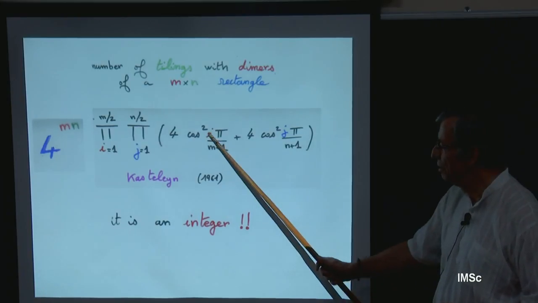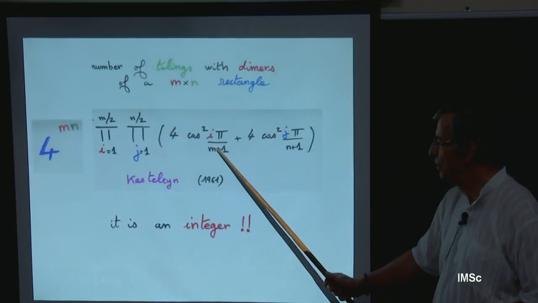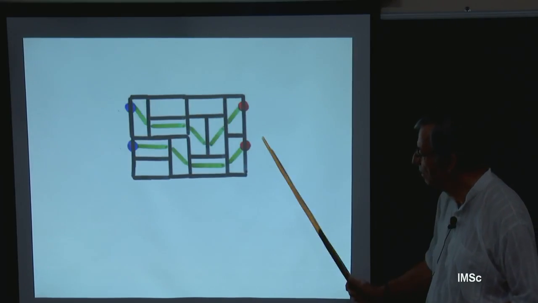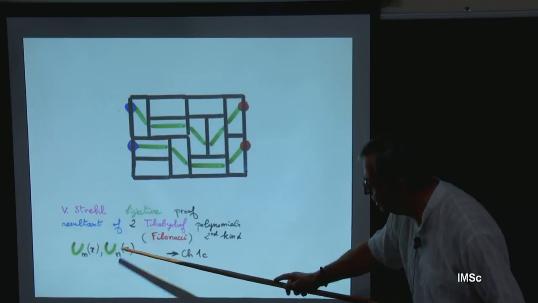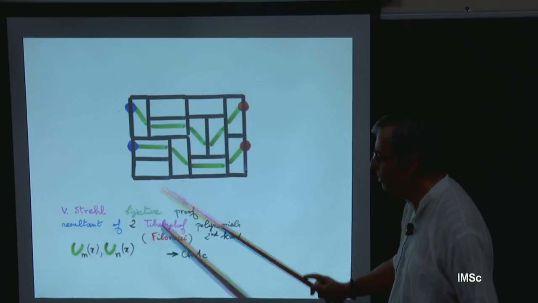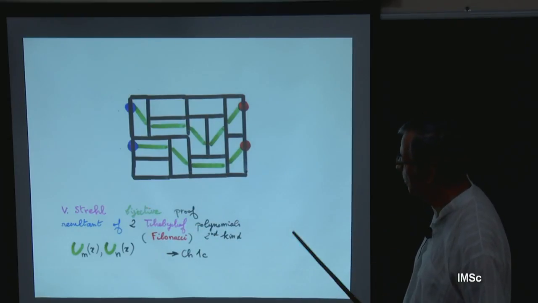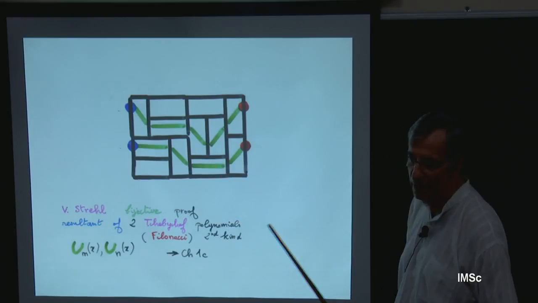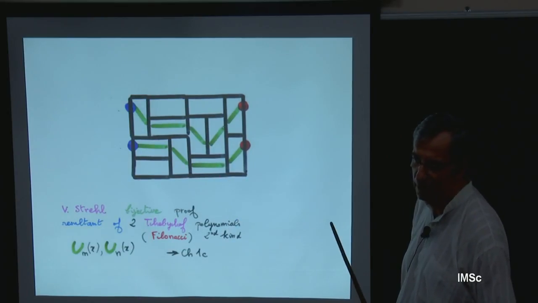This is related to the matching polynomial of a graph with m and n. It's exactly the matching of each of the sizes. You have matching of m and n, maybe m over 2, n over 2. There is a parity involved. So you have a kind of matching of two polynomials indexed by the length and the width of the rectangle.